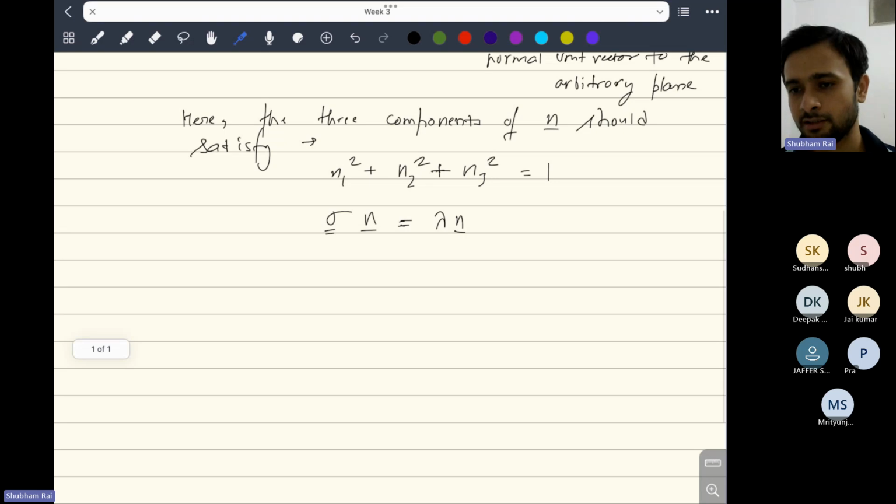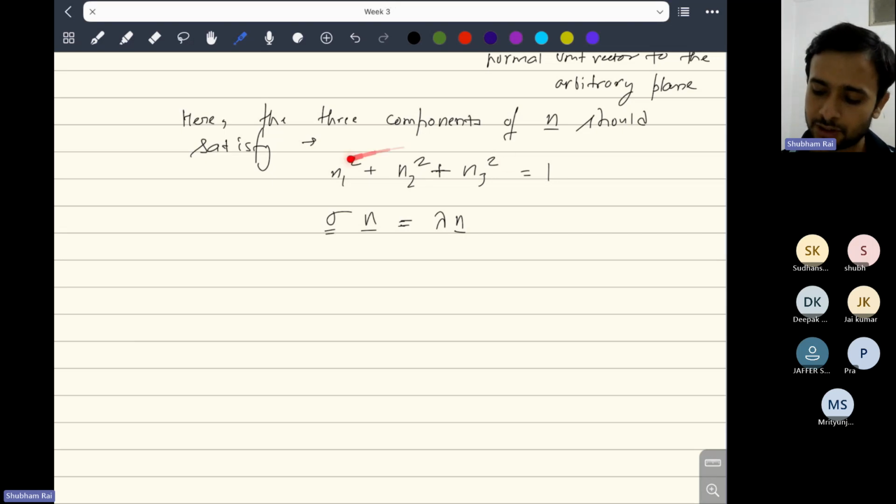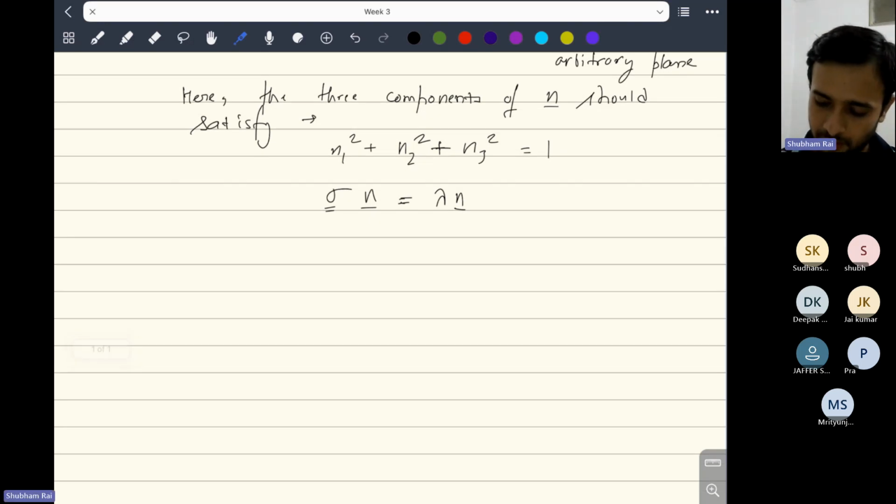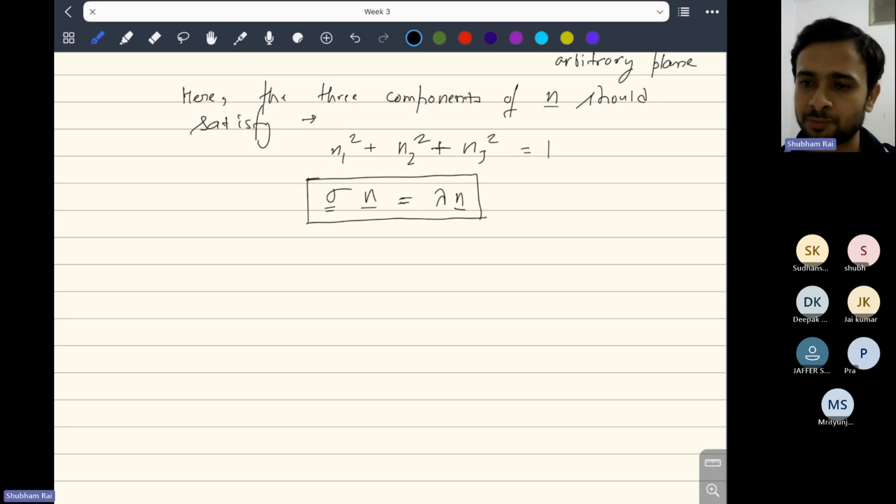You do not directly reach this point; you are maximizing the normal component of stress subject to the constraint, and that's how you reach this eigenvalue problem. If you solve it, eigenvalues correspond to the principal components of stress, and eigenvectors correspond to the plane normals where the principal stresses are acting.